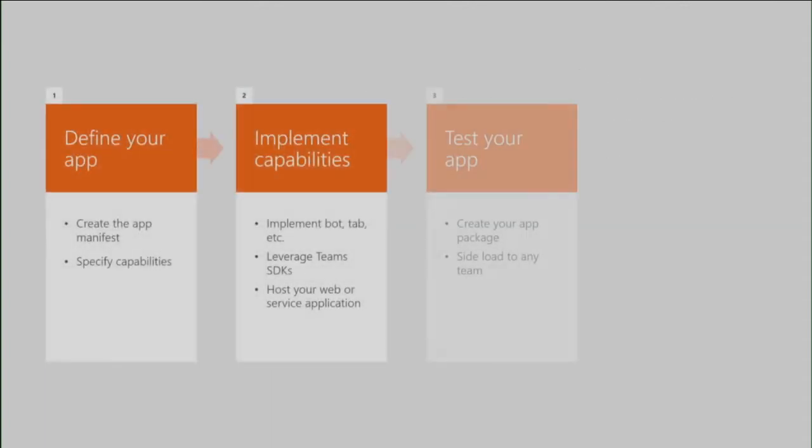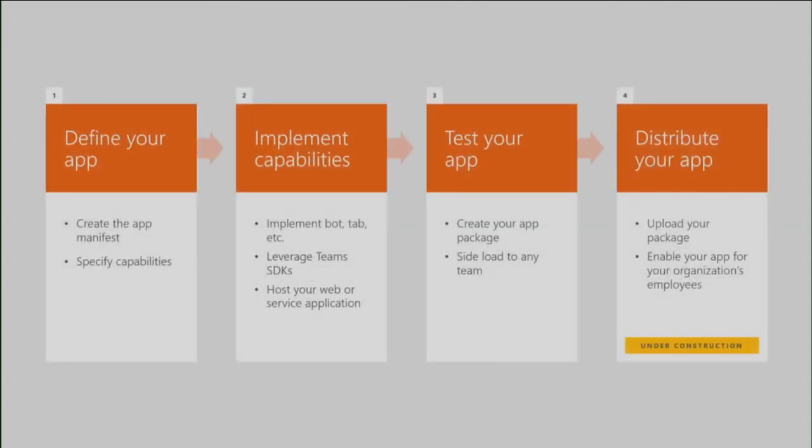So in terms of the workflow, for those that are unfamiliar with actually building an app, it starts with defining the app capabilities. So I'm going to show you the manifest. It's basically a JSON file that describes your app metadata and all of the capabilities that you want. So it's a bot, tab, connector, so on and so forth. Then, of course, you'll implement your capabilities and functionality, whether it's using the bot framework or using a web stack for your tab.